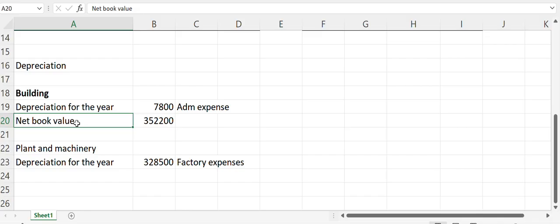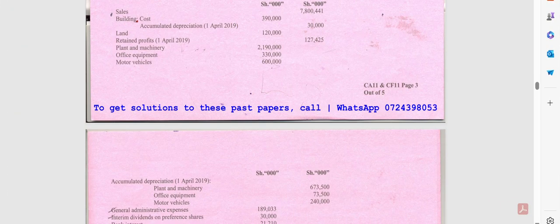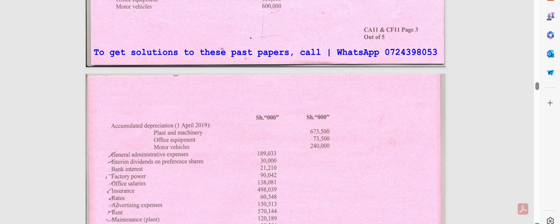Okay, that is a good example of indirect cost or factory. So let us compute the net book value. So net book value, we are going to say the cost, which was 2,190,000. Then we get the accumulated depreciation for plant and machinery. Here it is. Plant and machinery accumulated depreciation, you can see here it is 673,500.